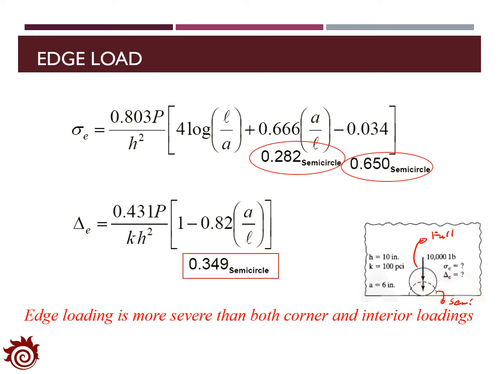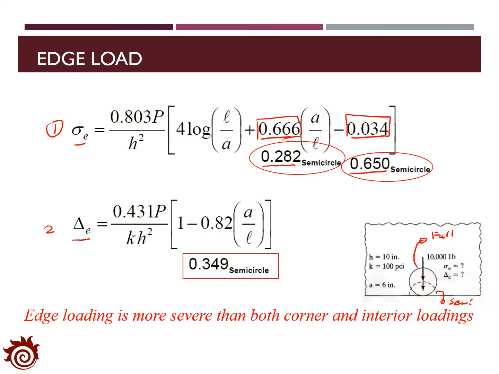Westergaard also proposed an equation for the estimation of the maximum stress and the deflection for the edge load. The first equation shows the estimation of the maximum stress, and these two coefficients are applied for the full circle scenario. If we consider a semicircle edge load, we have to replace these two coefficients with the two new parameters.